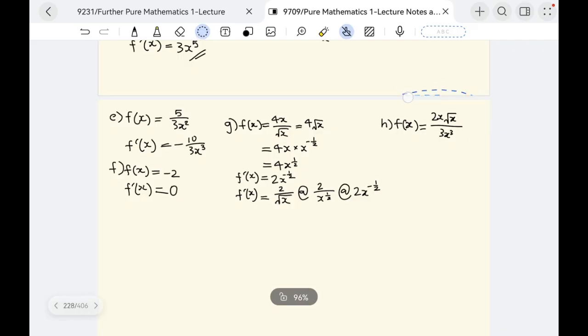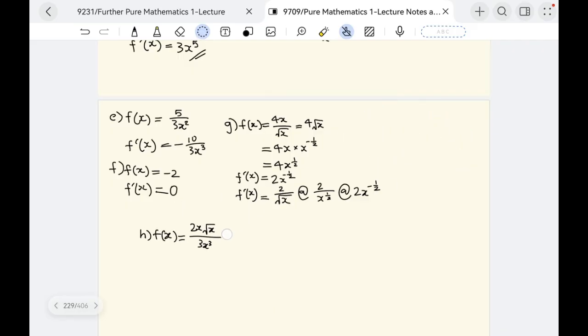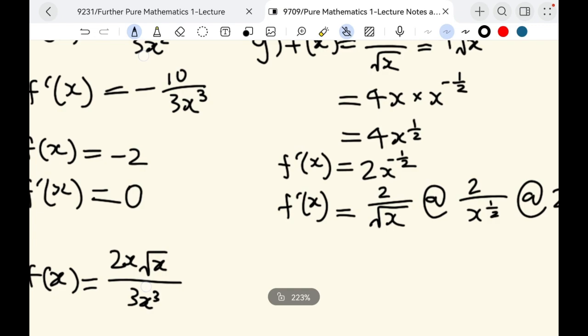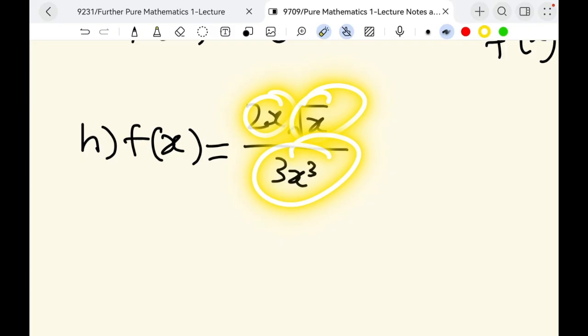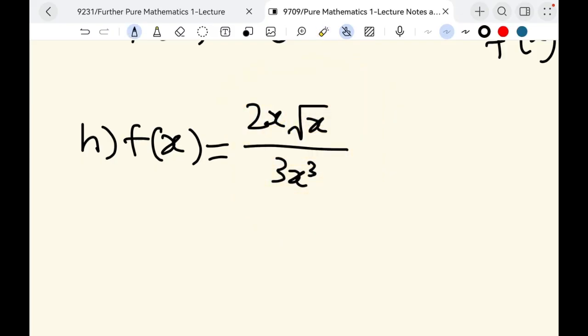Finally, we have touched the last part of this question. H. Okay. So there are 3 different forms, with different degrees. But we can simplify it easier. So we have the 2x divided by 3.